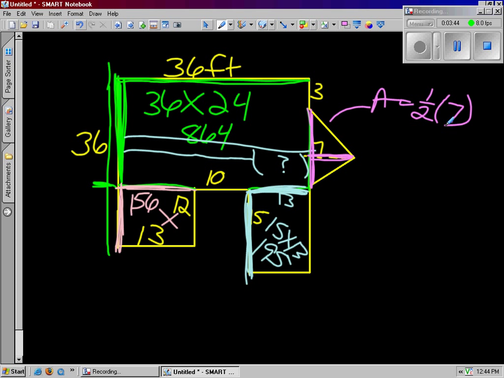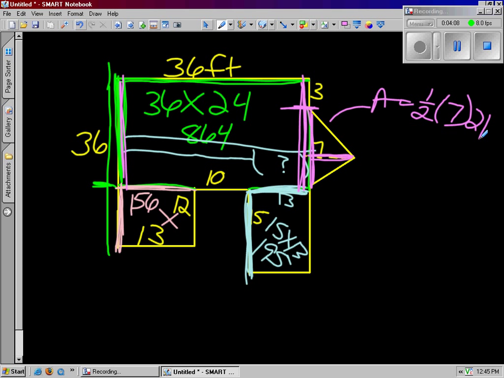Actually, no. We can do this a really easy way. Remember the green rectangle? The side was 24, which means this whole thing is 24. But if this top piece is 3, the base of my triangle is going to be 24 minus 3. It's going to give us 21.